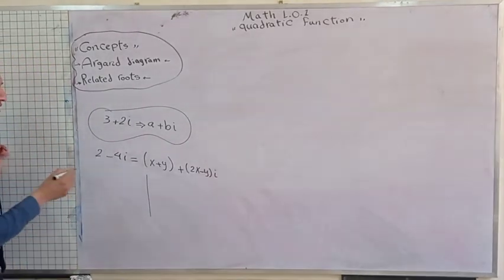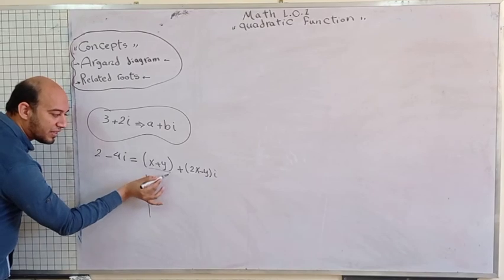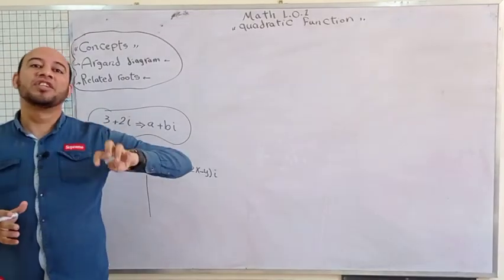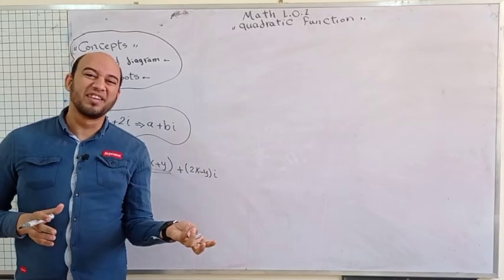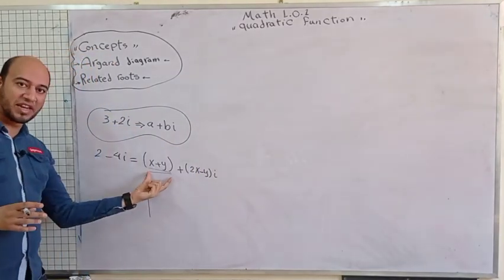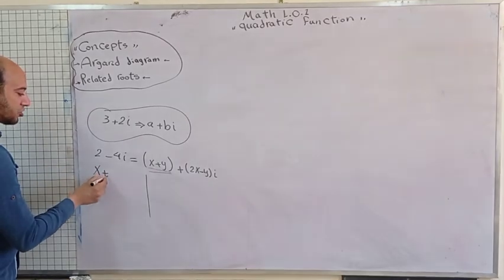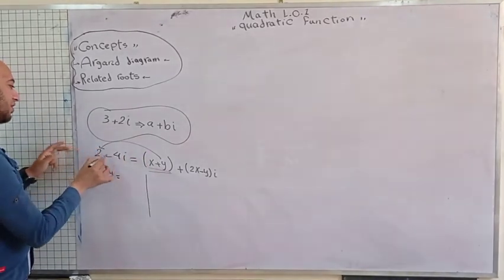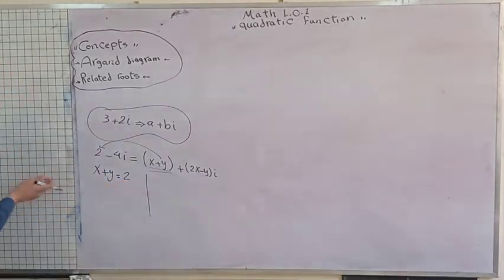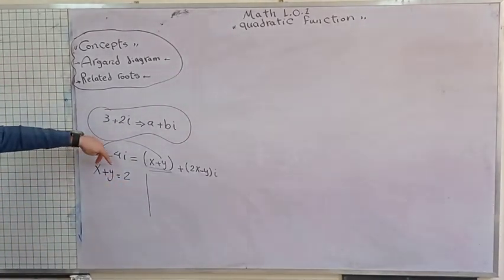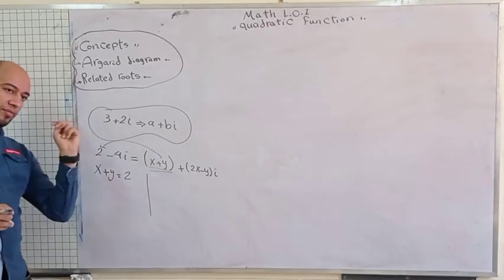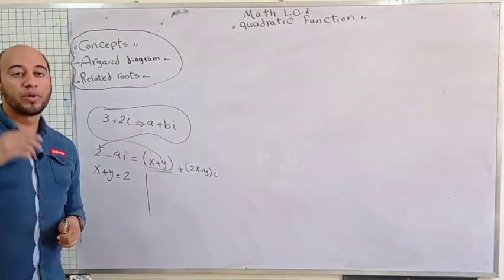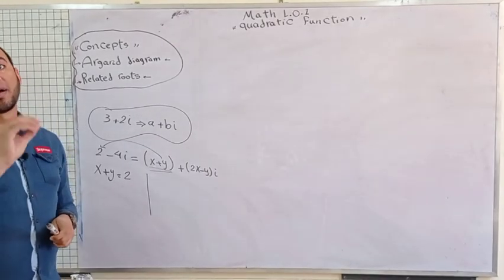The first equation: the real part in this side is the part which isn't multiplied by i. Then the real part here is x plus y. We will equate it with the real part here, which equals 2. We make an equation of the first degree in 2 variables. The other equation we will make from the imaginary part.